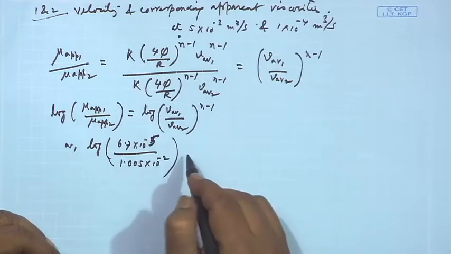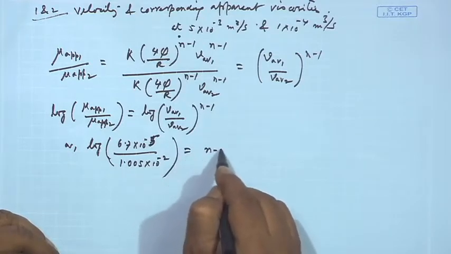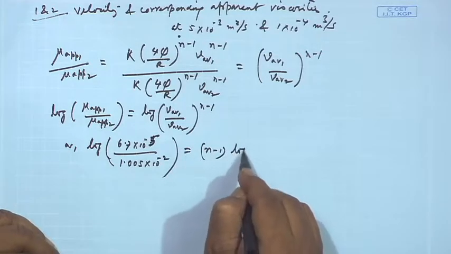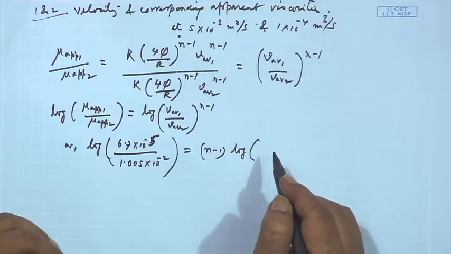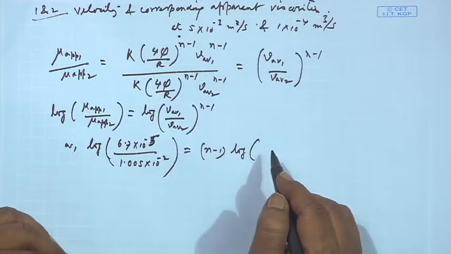This is equal to (n minus 1) log of V average, which we have found out.